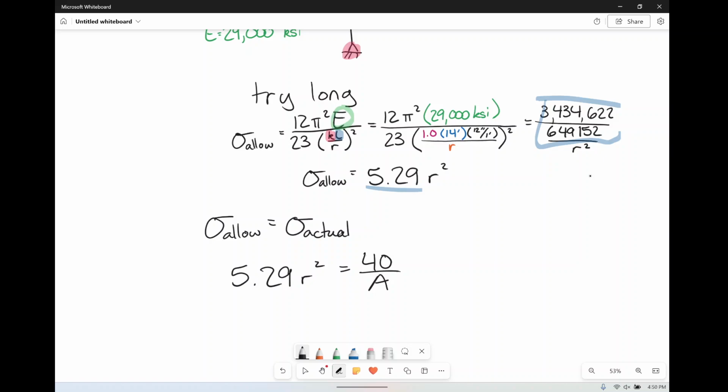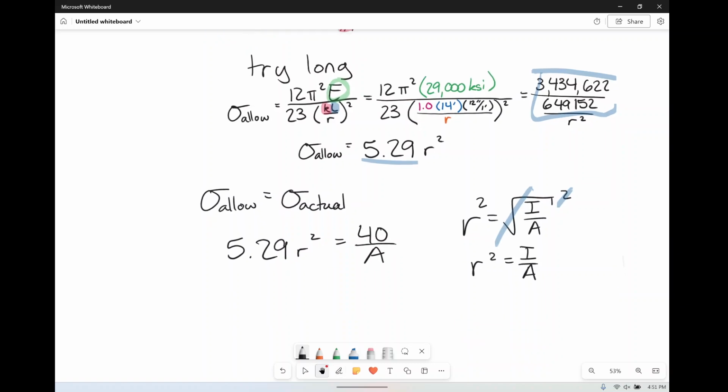But what do we know about R? R is the square root of I over A. And if we square this, then technically our square root and our square are going to cancel. So R squared is equal to I divided by A. Can that help us? Sure.